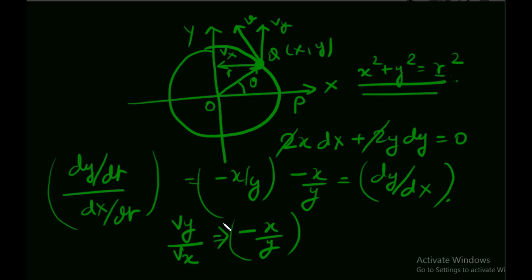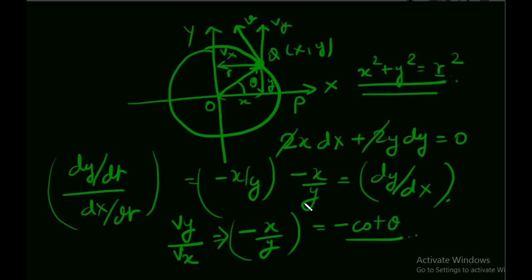Okay, so first of all, I want to point out that if this angle is theta and the coordinates are x and y, this means this is y and this is x, right? So minus x over y, what does that mean? That means since tan theta is y over x, this would be equal to minus cot theta.